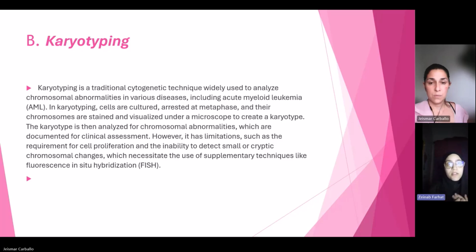The cryptic chromosomal changes are what we call hidden changes in the chromosome, which are not detected by such a technique and require other techniques, which I'll talk about, which is fluorescent in situ hybridization.